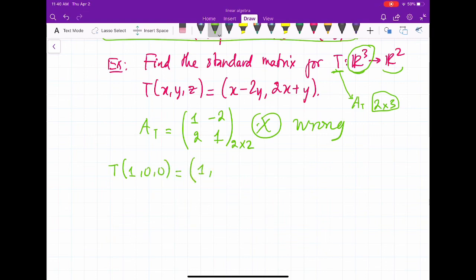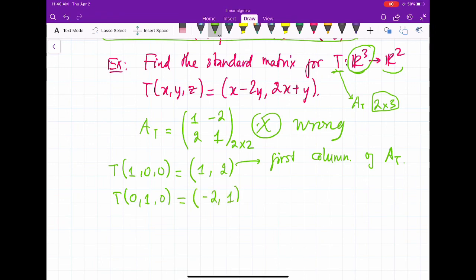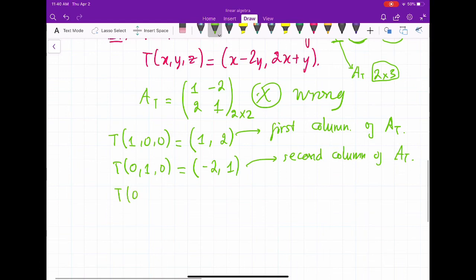That is (1, 2). So this is the first column of A_T. I apply T to (0, 1, 0) and I get (-2, 1). This is the second column of A_T.